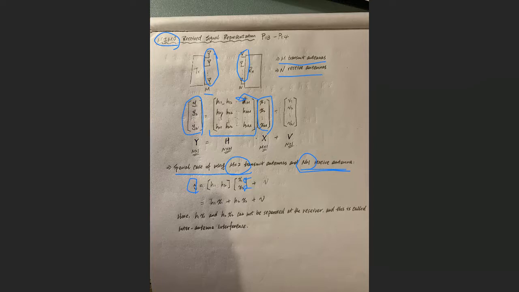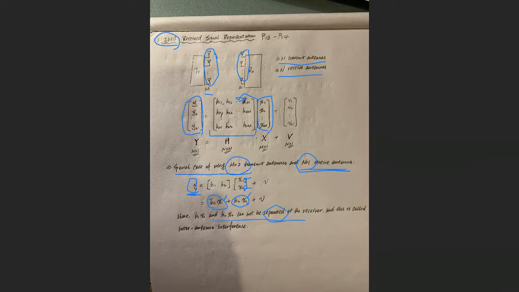And then they go through two fading elements. So what we get here is h1x1 and h2x2. As a receiver, you only receive one signal. These two arrive at the same time. They cannot be separated.